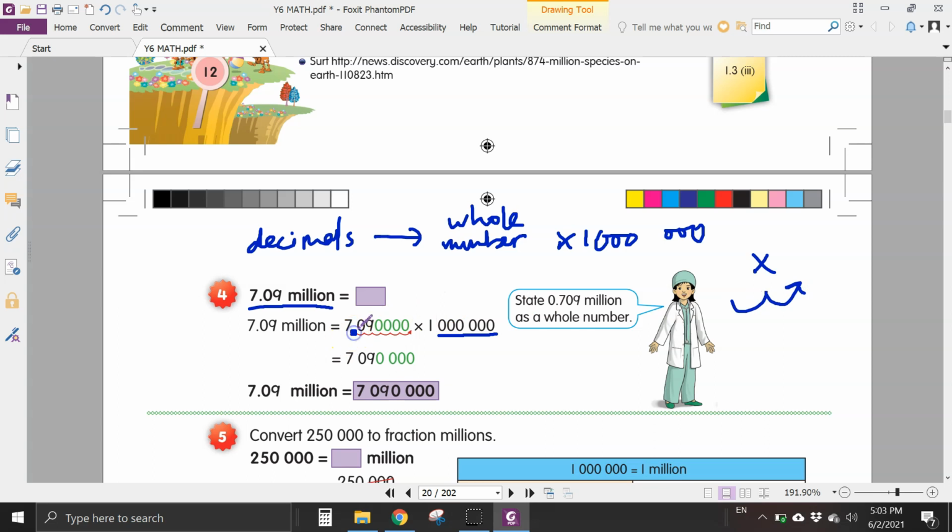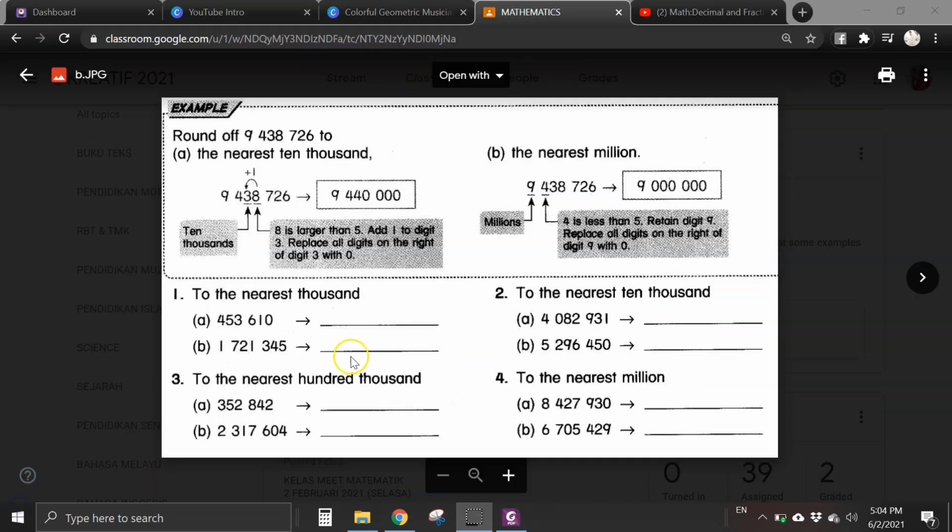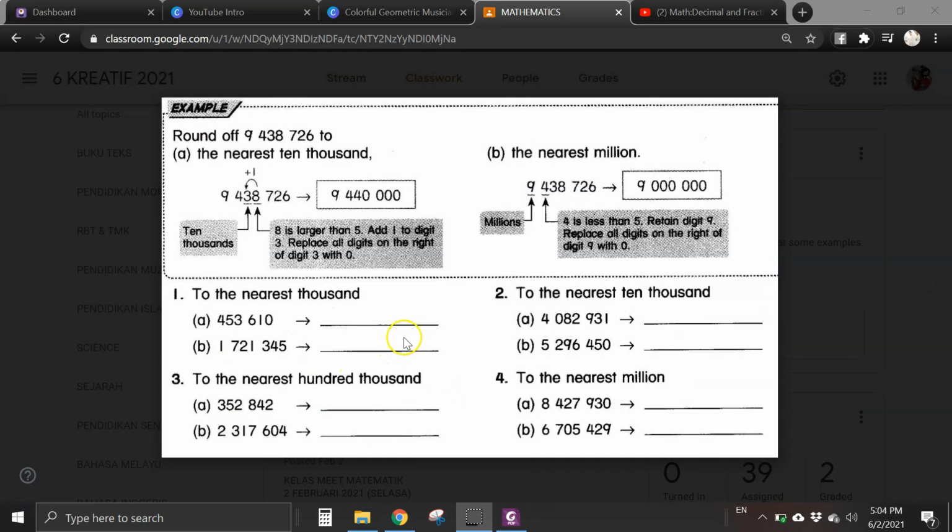Let me write again for you. I can write a few zeros first. 6 times to the right, 1, 2, 3, 4, 5, 6, until the last space, then you get your whole number. So this is your whole number, 7,090,000.